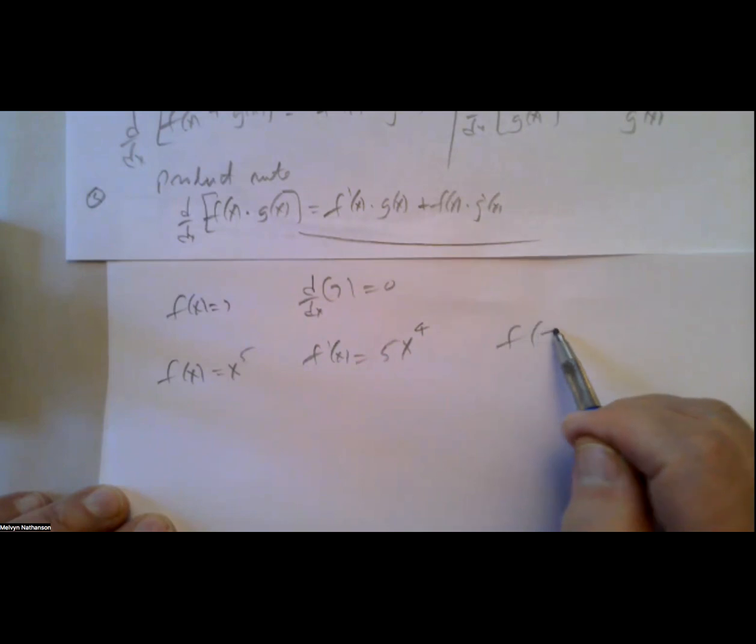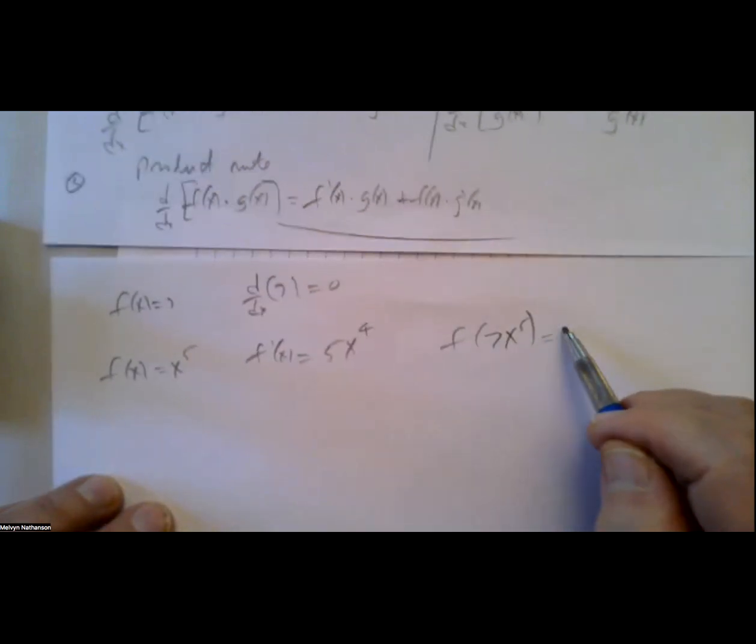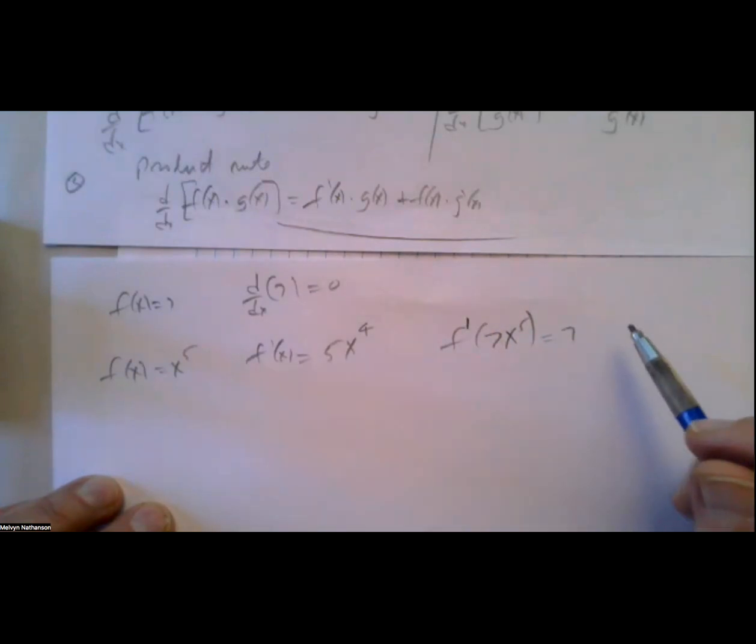So if f of x is 7x to the 5th, you can take a constant outside, so f prime is 7 times the derivative of x to the 5th, which is 7 times 5x to the 4th, which is 35x to the 4th.